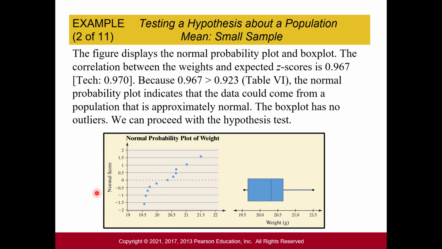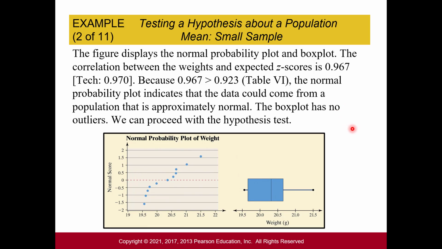Okay, so here we have our normal probability plot as well as our box plot. So if you recall, we're going to look at these two things because we're trying to verify that our sample data appear normal enough before we can technically use our t-distribution. So we've talked about this previously when we were doing estimating a population mean, but let me go back through it with you real quick.